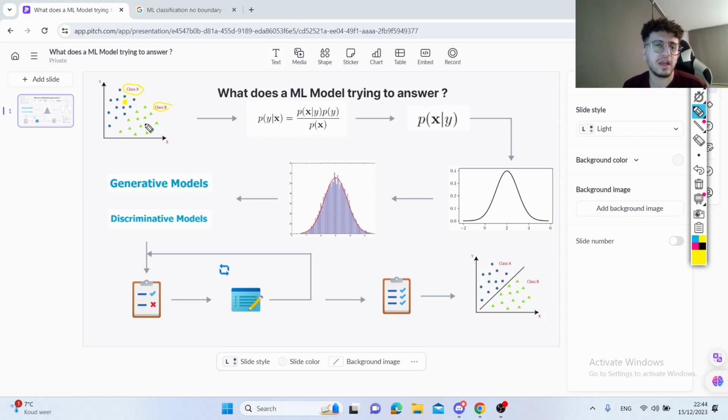If I have a point here, or there, or even here, how would I classify that? To which class should it belong? That's the question we're trying to answer.